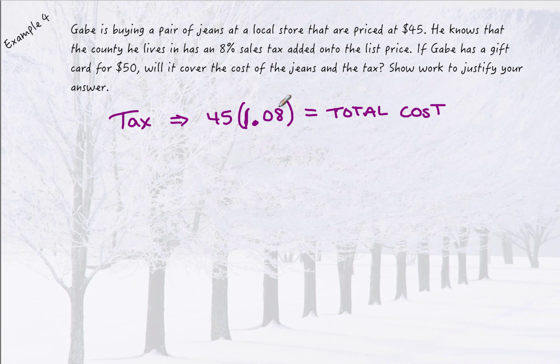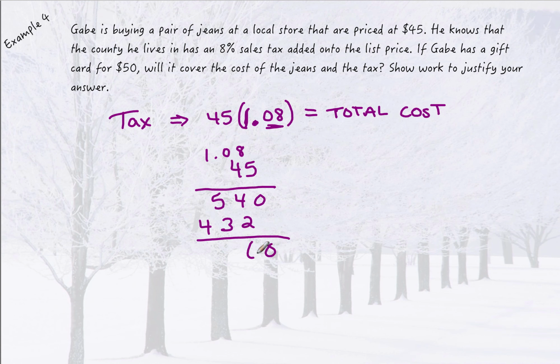And that's what the decimal means, I have to pay an extra 8%. So I could just do 45 times 1.08. And look what happens. You get the same cost, $48.60. So there's a lot of ways to do percents. You just have to find out which way you like.